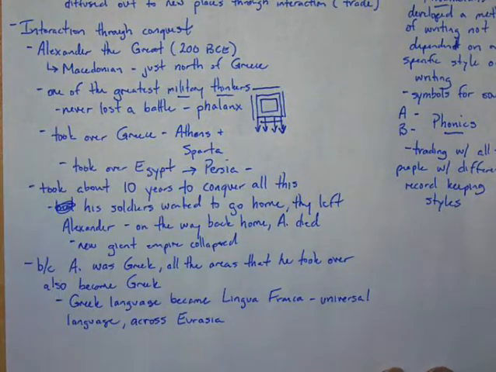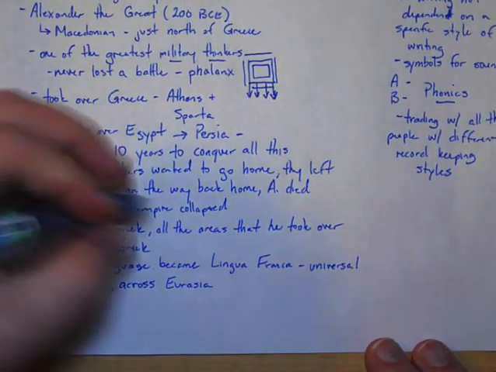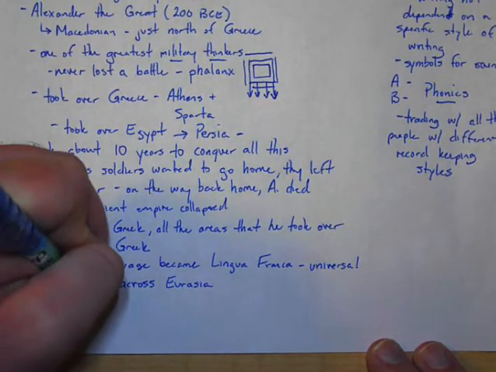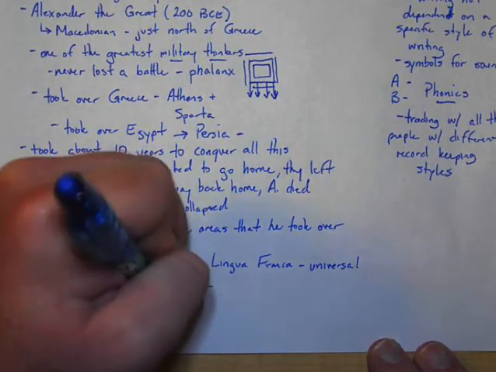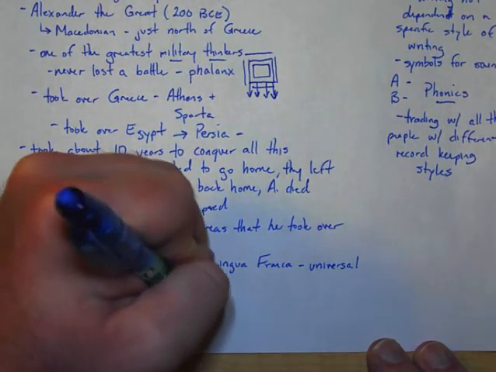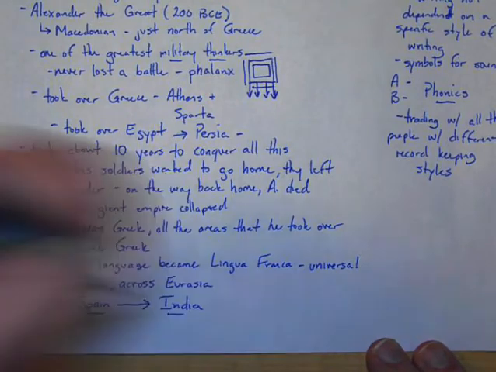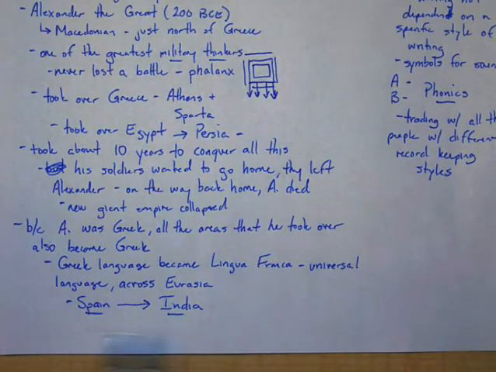You could find people speaking Greek all the way from Spain to India. Some of that is due to the peaceful diffusion of Greek culture through trade. Some of it is due to violent interaction through Alexander's conquest.